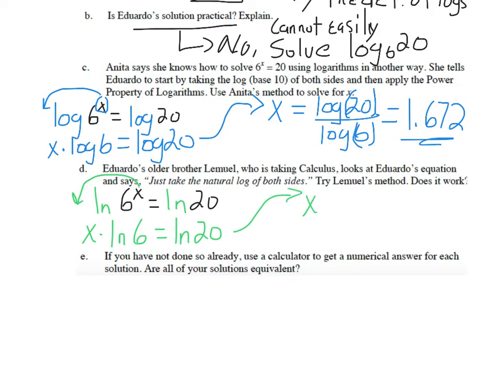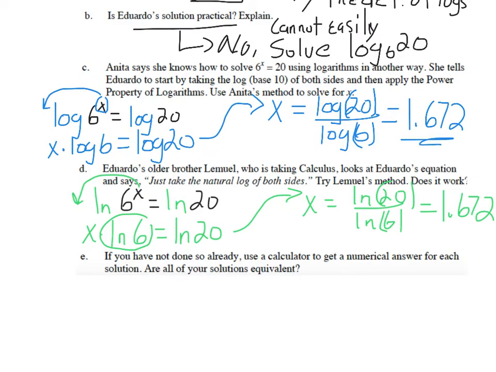Divide both sides by the natural log of 6, and x equals the natural log of 20 divided by the natural log of 6. Now type this into your calculator, making sure you use parentheses, and you will get 1.672.